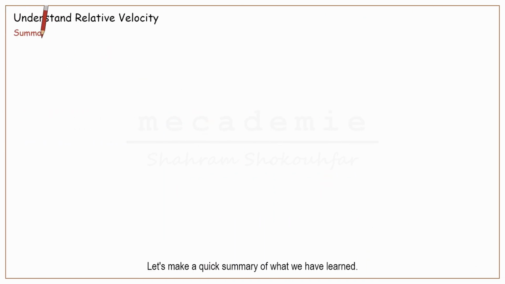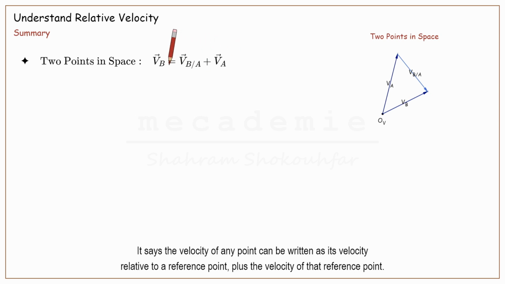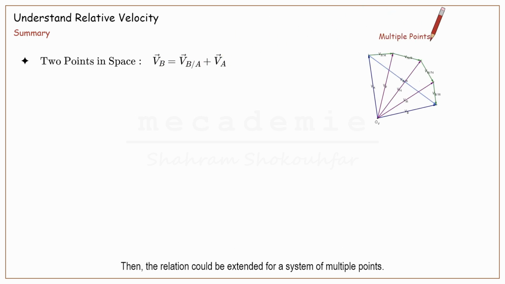Let's make a quick summary of what we have learned. As we discussed, between any 2 points in space, we can make such a relation. It says, the velocity of any point can be written as its velocity relative to a reference point, plus the velocity of that reference point. Then the relation could be extended for a system of multiple points.